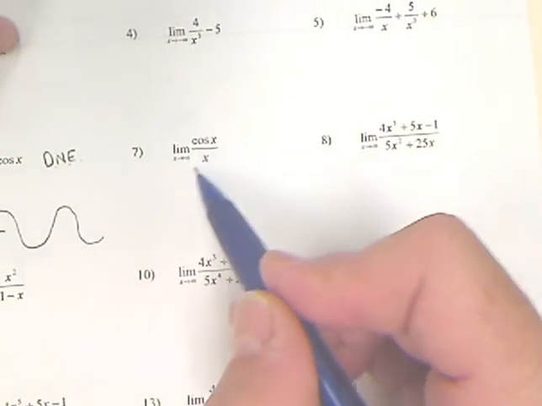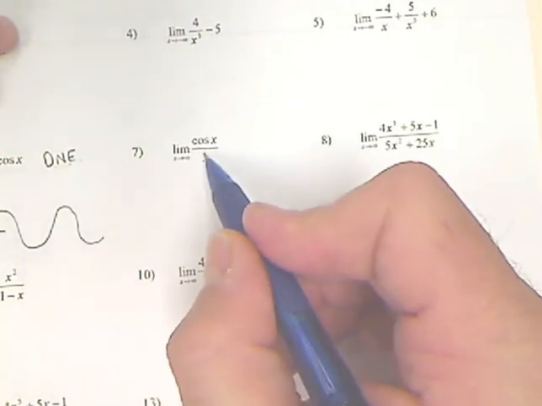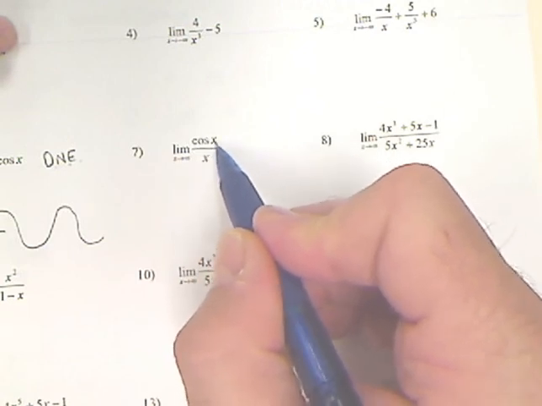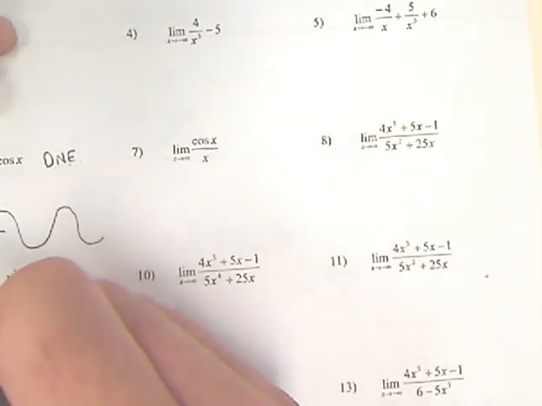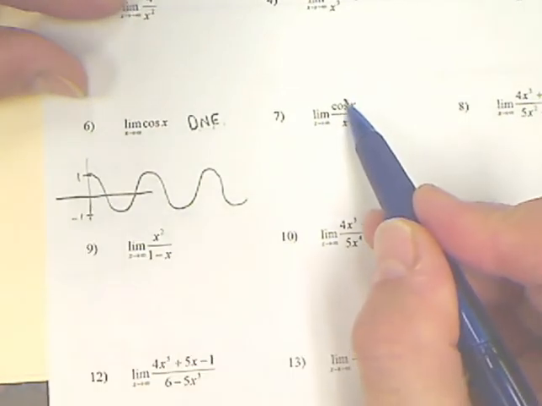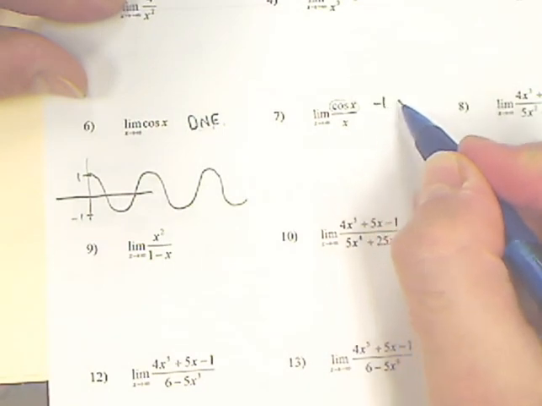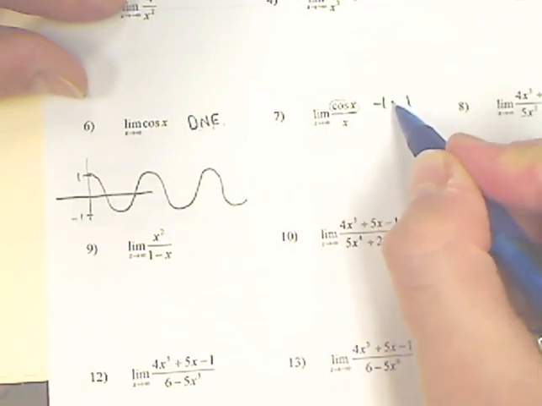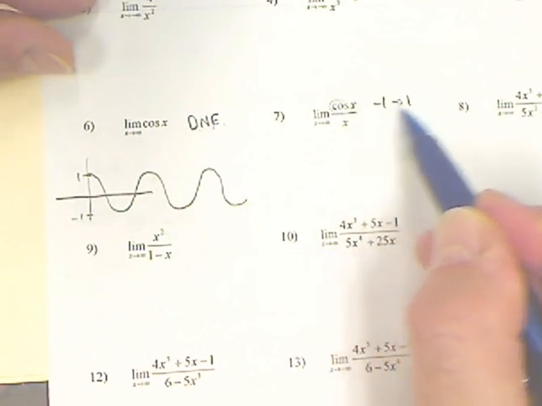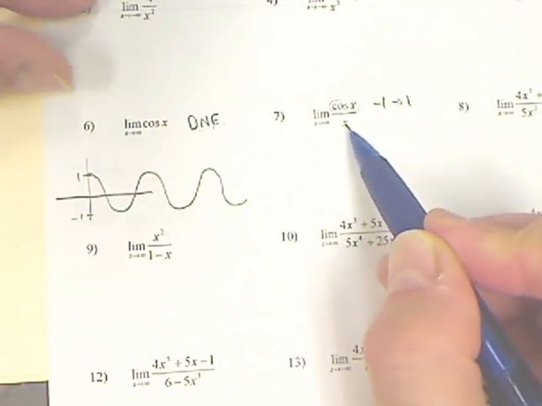But watch out for equations that have trig functions. Don't just put does not exist next to them. For example, cosine of x, no matter what you plug in for x, will give you a value that's between 1 and negative 1. So keep in mind that the number up here, as you slide to the right, is always between negative 1 and positive 1. Well, if you were to put a million right there, you're going to get some answer that's between those two numbers. That answer would be divided by a million.